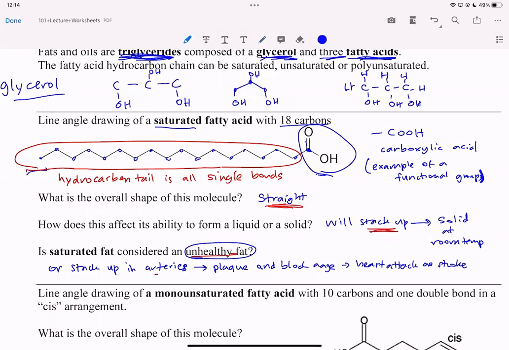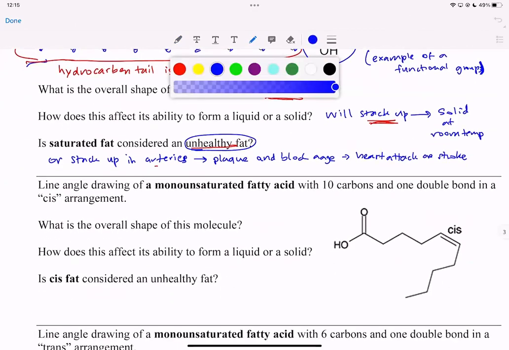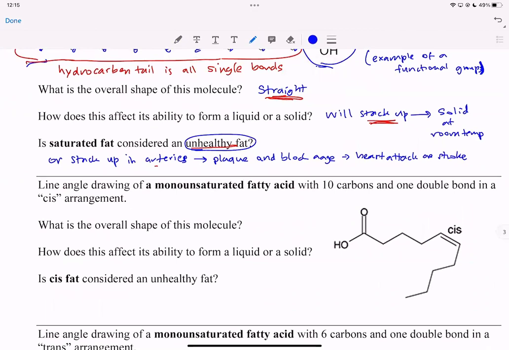So let's go down and look at this other shape though. When you have one or more double bonds, you're talking about an unsaturated fat. So an unsaturated fat has one or more double bonds. Having a double bond present causes the shape to be different.